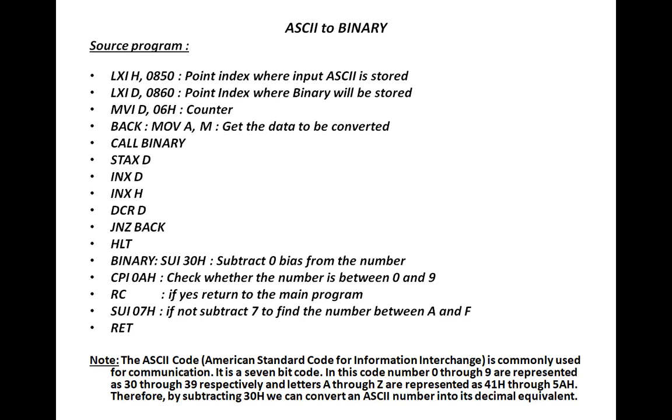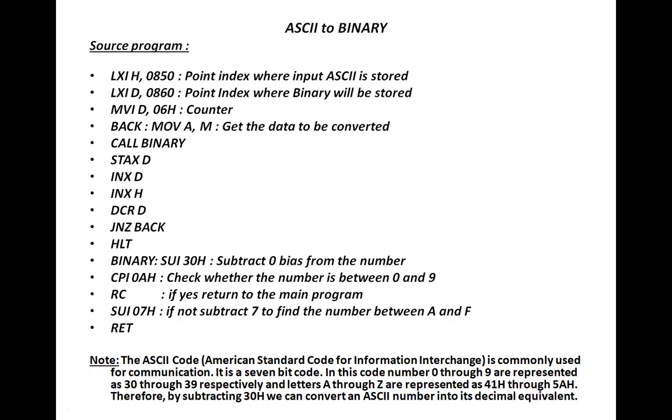So first of all, the pointer is initialized in the HL pair where the ASCII number is stored as the input. In the previous example, the binary number was the input and the ASCII code was the output. In this case, ASCII code is the input and binary will be the output.